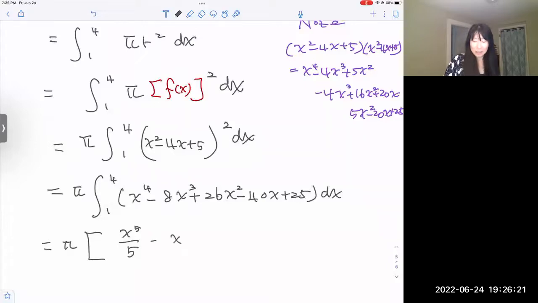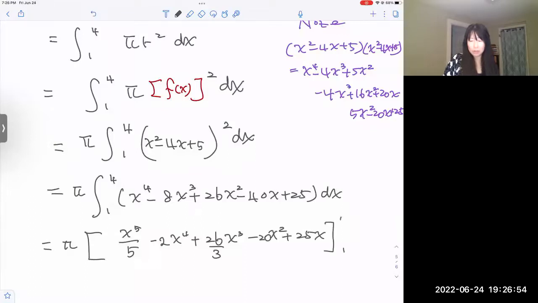So, x to the 4th power times 2, yes, plus 26 over 3 x to the 3rd, okay, good. x squared 20. Yeah. Then the last one is easy, right? From 1 to 4, I need your help, please.